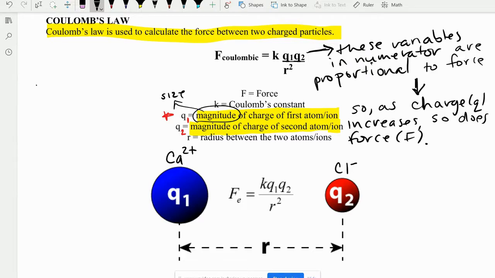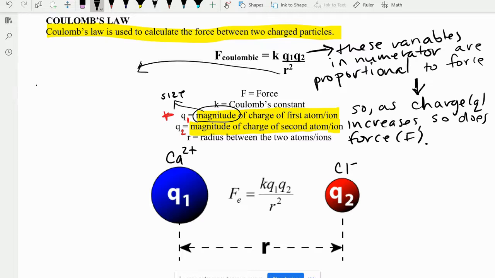And there you have it. I made a little flow chart. So to recap what I just said, the variables in the numerator of Coulomb's law, so Q1 and Q2, are proportional to force. And so what that means is as the Q's increase, so does the force between those atoms or ions. Let's go ahead and talk about the r squared in the denominator, radius.